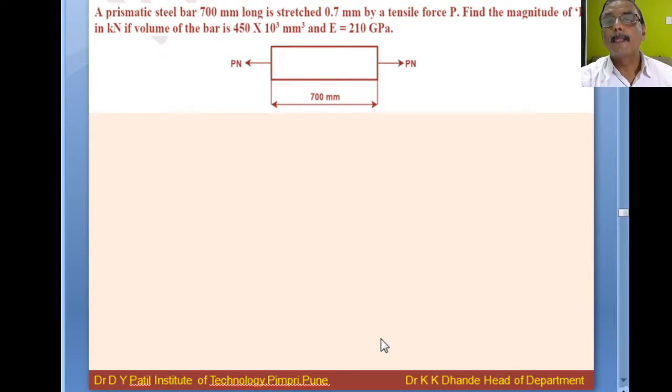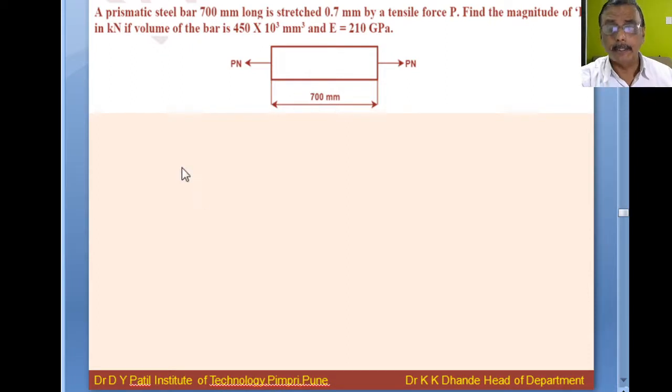Now our next numerical, it's a very simple numerical. A prismatic steel bar 700 mm long is stretched 0.7 mm by a tensile force P. Find the magnitude of P in kilonewton if the volume of the bar is 450 into 10 raised to 3 mm cube and modulus of elasticity, capital E, is given as 210 gigapascal.